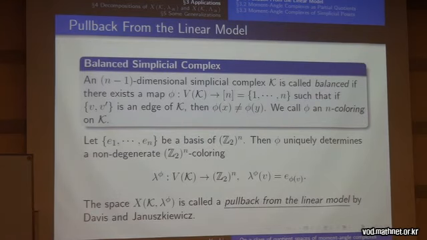Okay. So this space is called the pullback from the linear model by Davis and Januszkiewicz. Another way to understand the balanced simplicial complex is that it admits a non-degenerate simplicial map from K to the (n-1)-dimensional simplex.